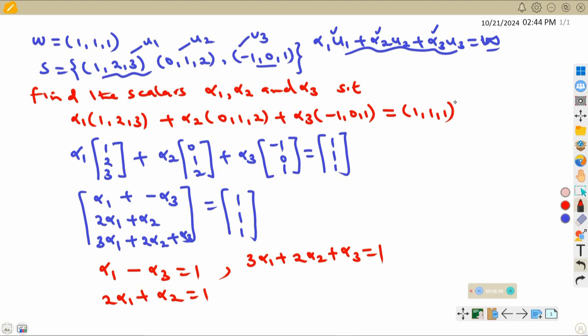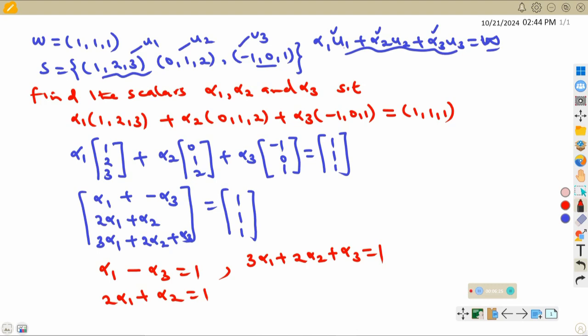Our major interest here is therefore to use any method for solving for the unknowns alpha 1, alpha 2, and alpha 3. Let us use the Gauss elimination method.